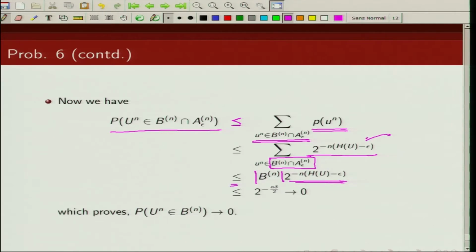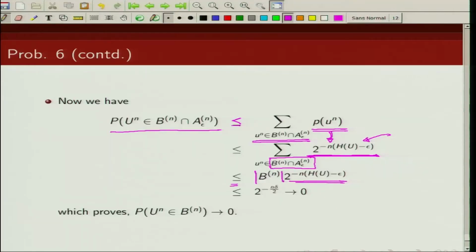From the properties of typical sequences, we know that the probability of u^n belonging to a typical set is upper bounded by 2 raised to the power minus n H(U) minus epsilon.